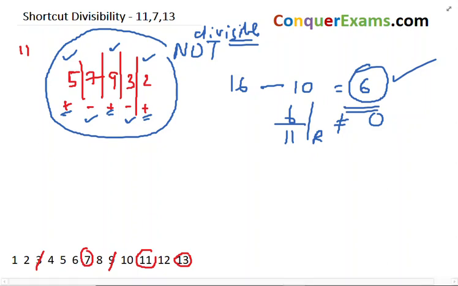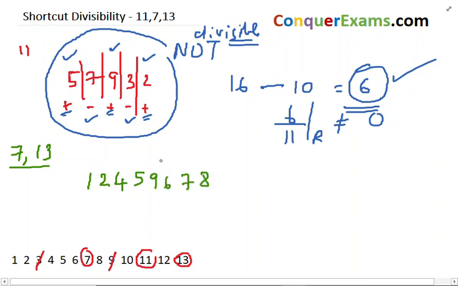Now the rule for 7 and 13 is the same. If you want to check the divisibility, let's take a number, say 12459678. You split it into groups of 3 from the right. You give a plus to the first group, a minus to the second group, and then a plus to the third group, and it goes on like that.